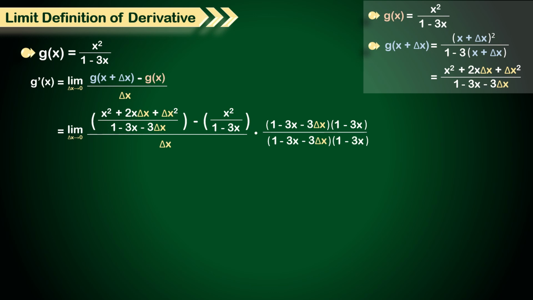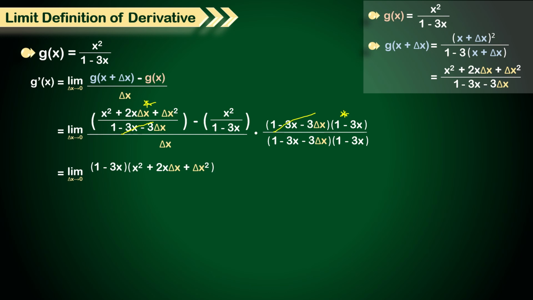Get the product of the first term of the numerator and the LCD. The factor of 1 minus 3x minus 3 delta x is eliminated and multiply the remaining factor, which is 1 minus 3x, to the numerator of the first term.